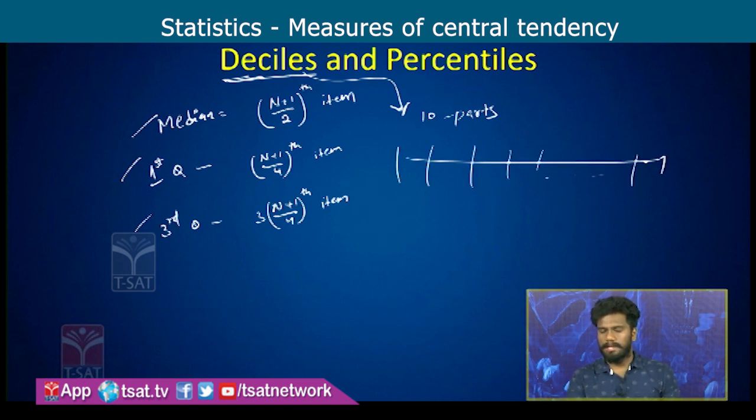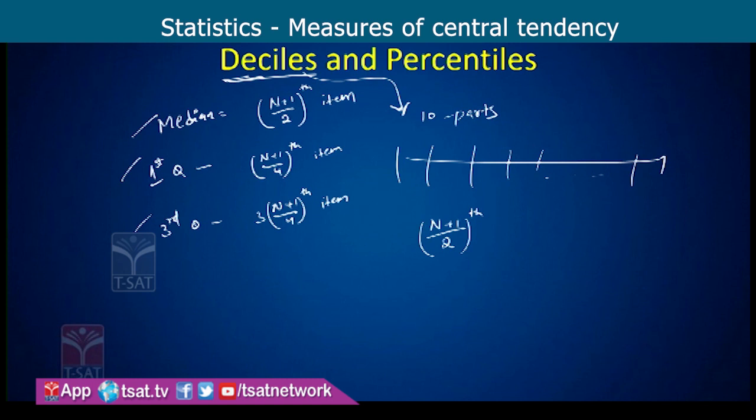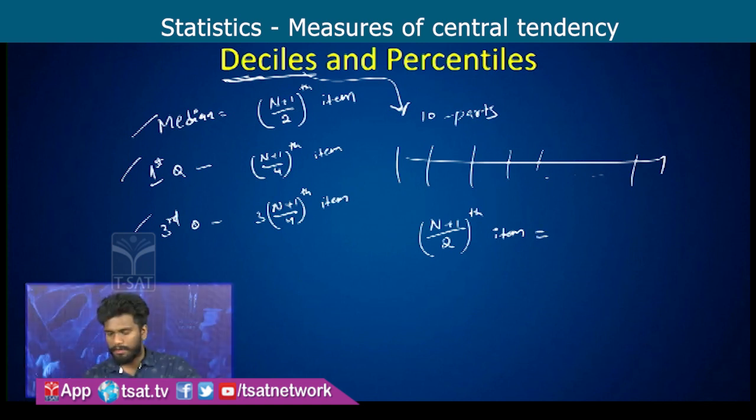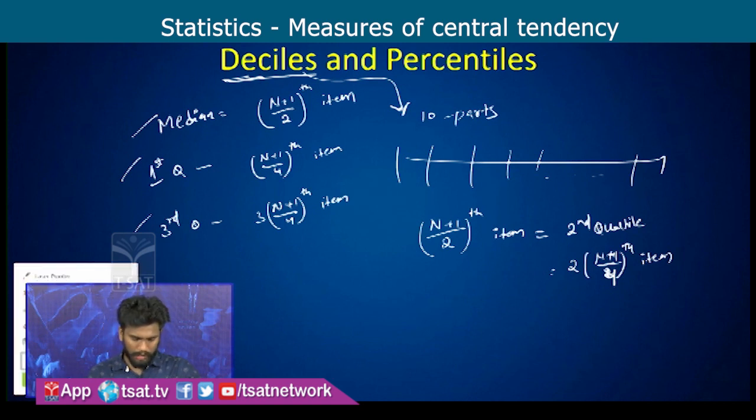The median is given by the (n+1)/2th item. The median is nothing but the second quartile, which is 2 into (n+1)/4th item.